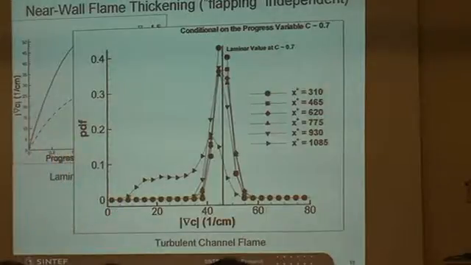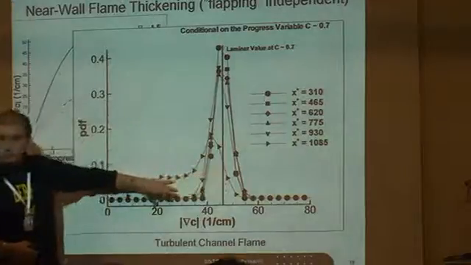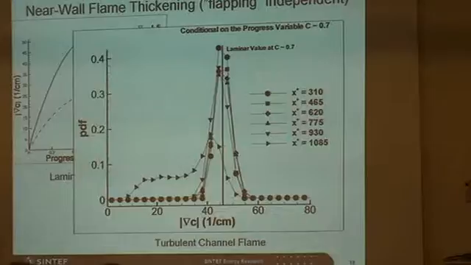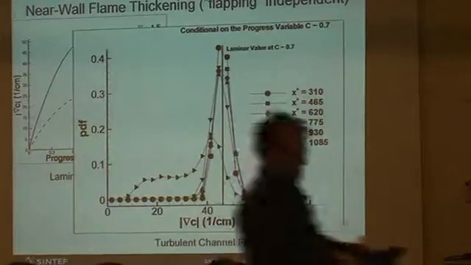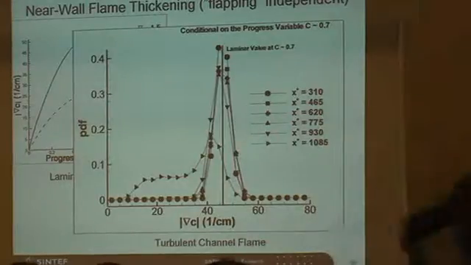So the gradient becomes lower, so the flame gets thicker. Is it the full three-component gradient, not just one component? Yes, three components. So this is an indication that the flame is getting thicker.